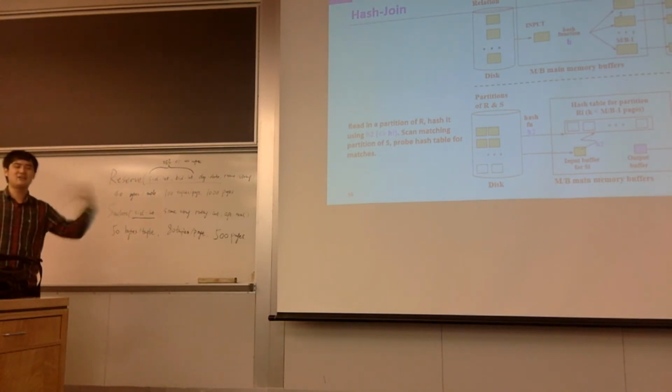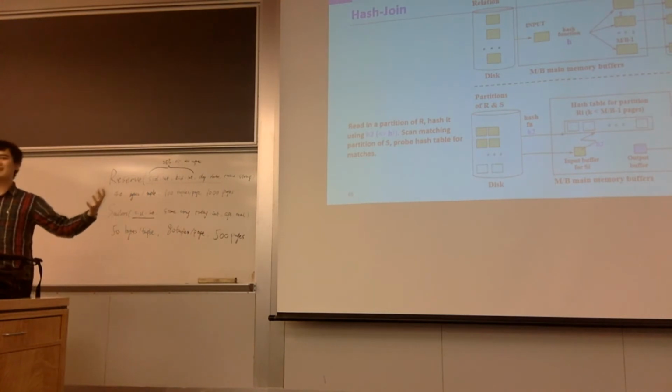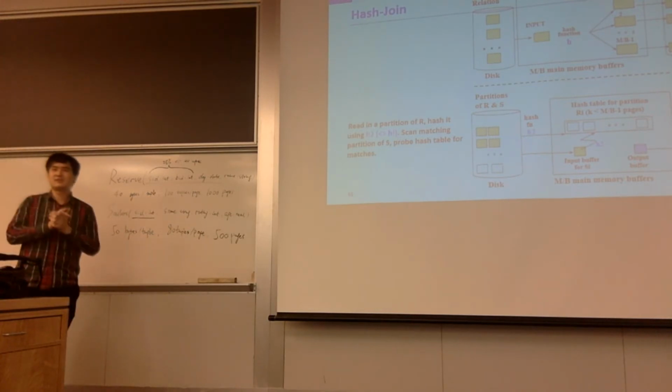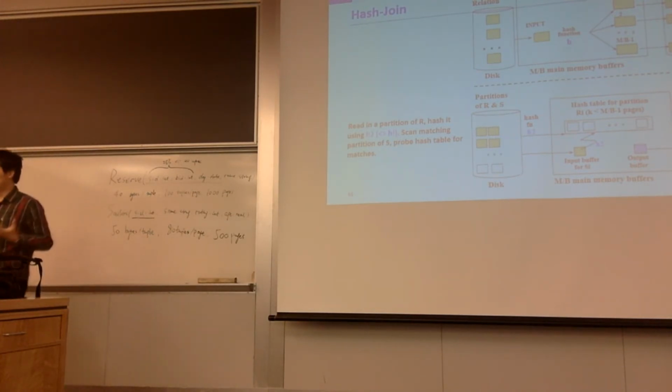You build a hash map over the first relation, then you use the other relation to probe this hash table. Then you can produce the join results. As long as the SimpleDB test framework doesn't complain about the memory usage, then you're fine.